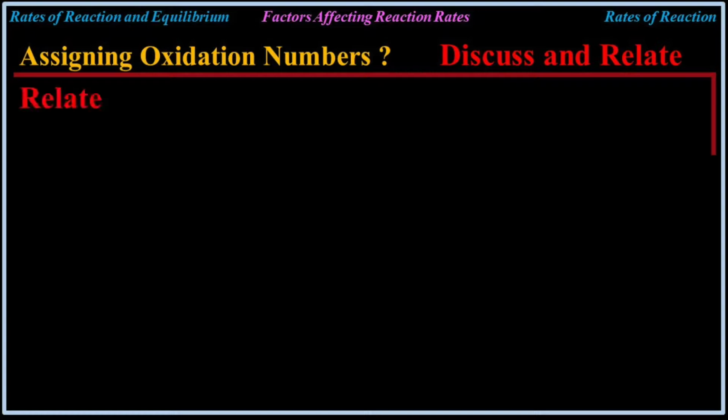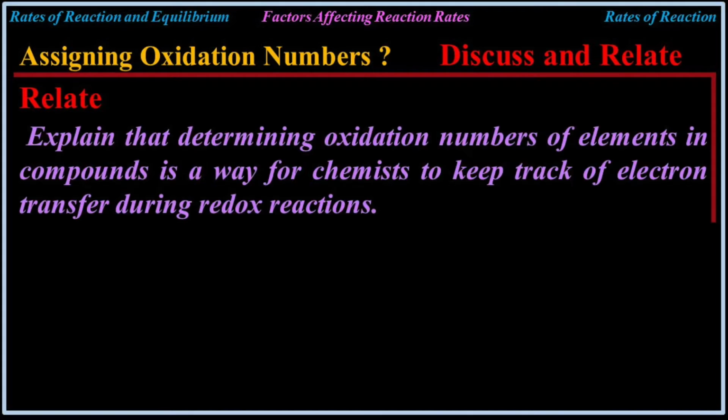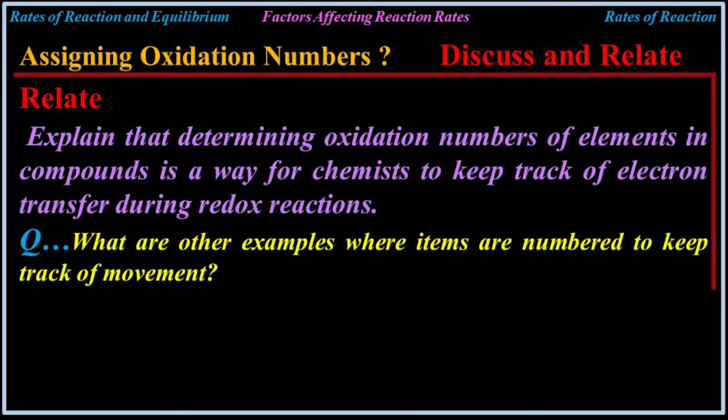Assigning oxidation numbers. Relates. Explain that determining oxidation numbers of elements in compounds is a way for chemists to keep track of electron transfer during redox reactions. You're going to have to work backwards. Given a chemical formula, you're going to have to determine oxidation numbers of all the components.